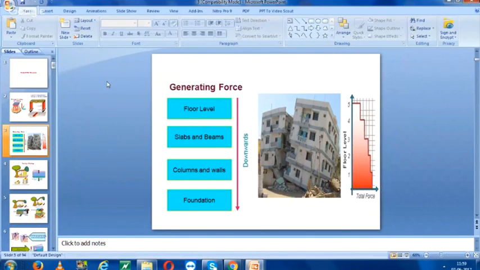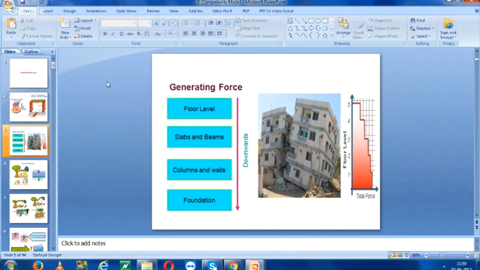At the top floor, whatever forces there are add on to the floor level just beneath, and then they keep adding and increase downward. This is the transfer path of the loads.